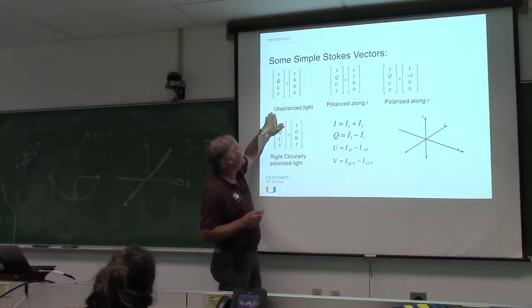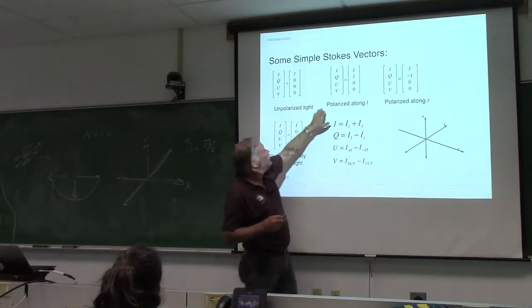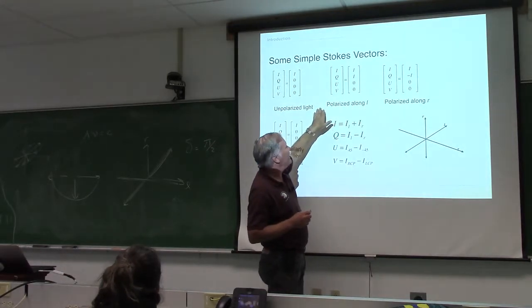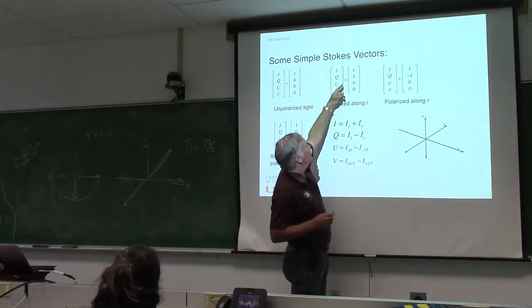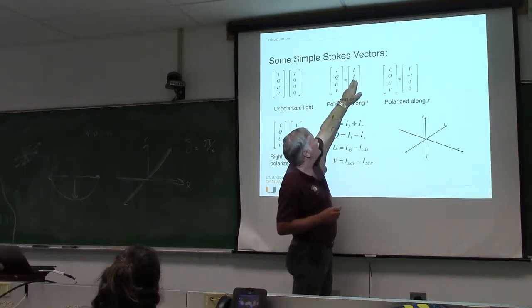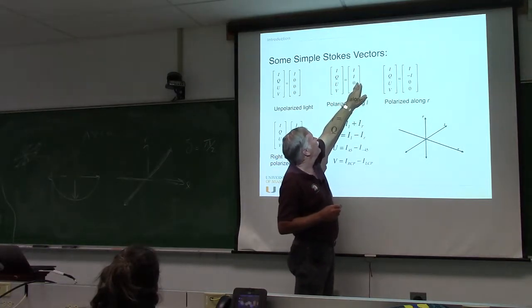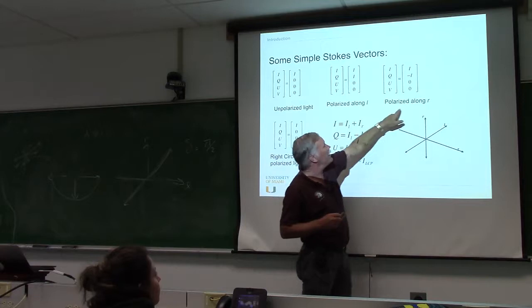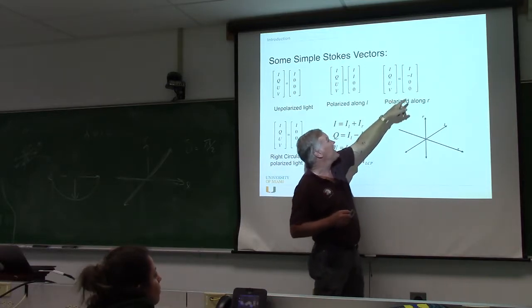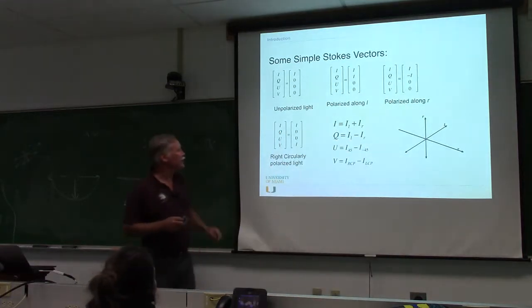So unpolarized light looks like that. It only has a radiance or an intensity. Polarized along the L axis would be I, I, 0, 0. Polarized along R would be I, minus I, 0, 0.